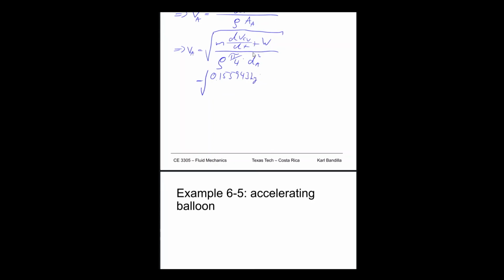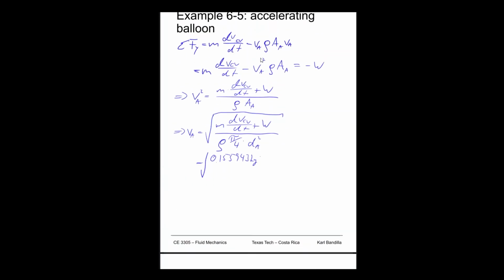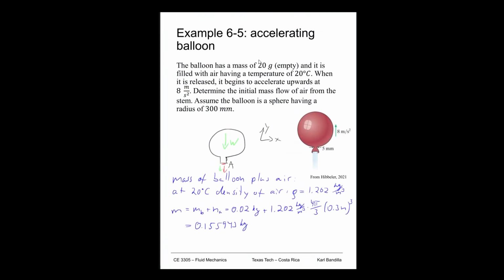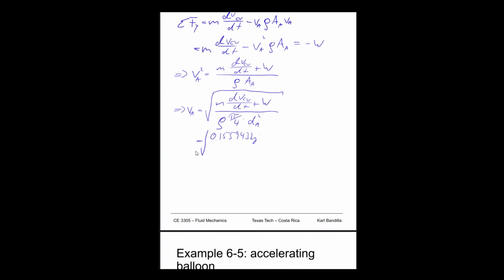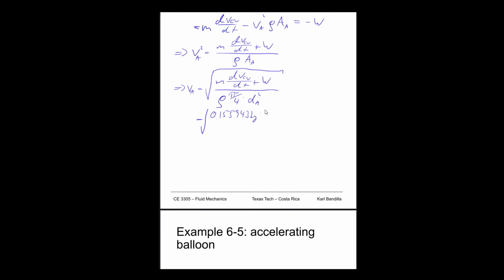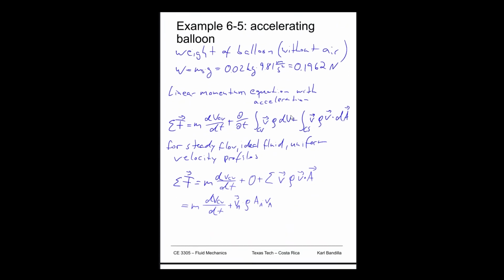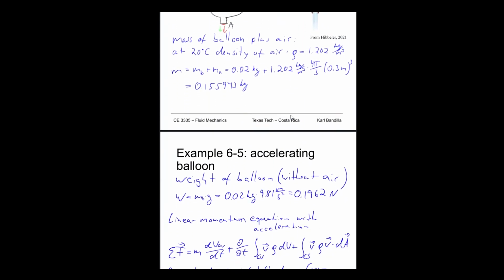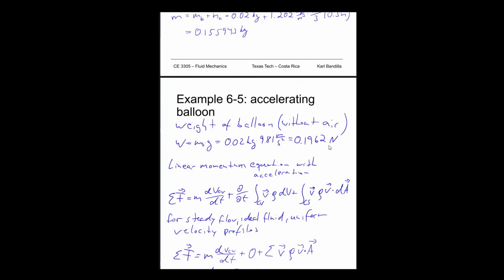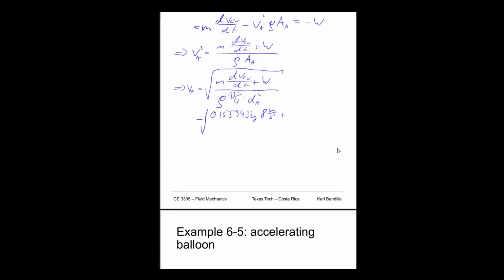This term here, the dvcv dt, that's our acceleration. It's given to us as 8 meters per second squared, that's our first term. And then W was 0.1962, and that's Newtons.